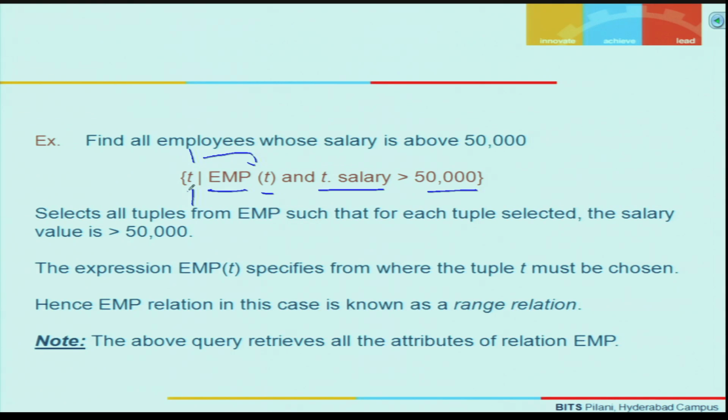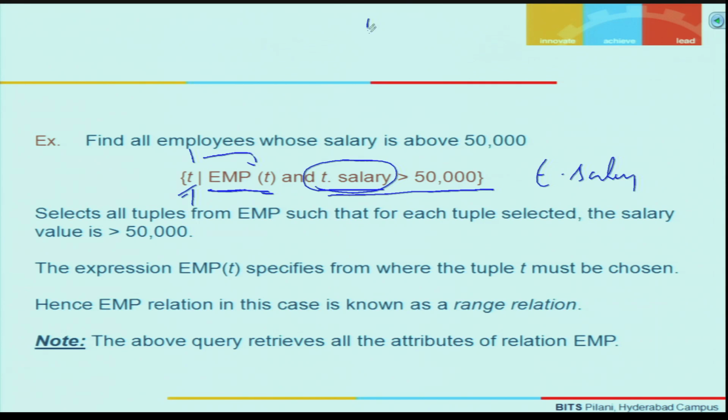That means these tuples will range over the employee relation, and each time I assign a tuple from the employee table to T, and I will check the value of a given column. T.salary is how I can refer to the value of the salary attribute of the tuple T, and if the value is greater than 50,000, such a tuple will appear in the result.